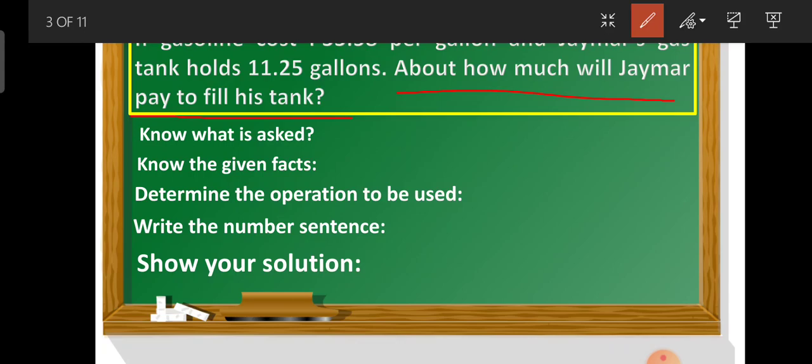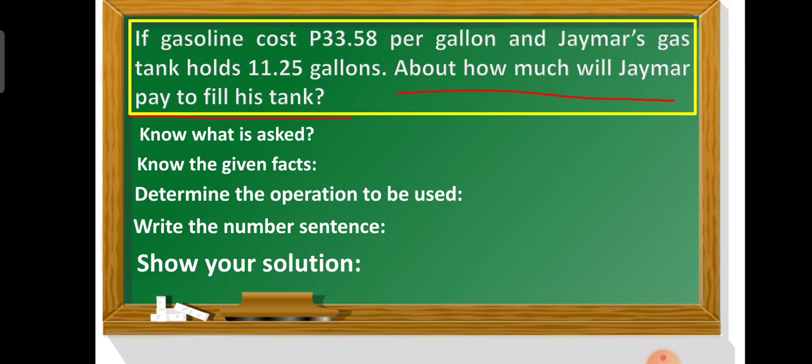Unfortunately, we cannot just copy this question, but we need to change this to a statement. So what do you think is the answer? You're right. The estimated amount Jmar will pay to fill the tank. Let's proceed with step 2. Know the given facts.